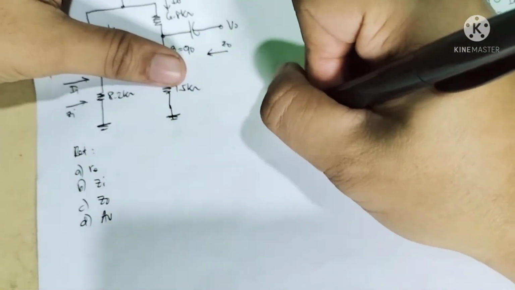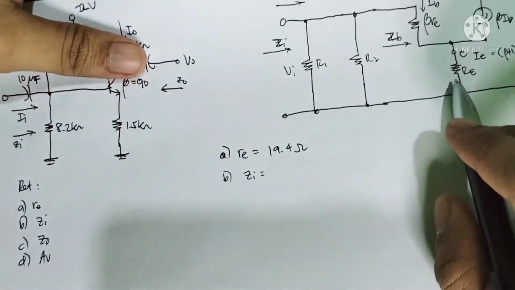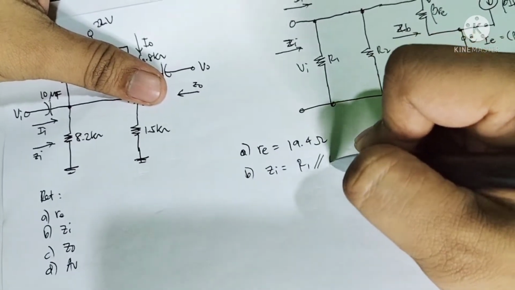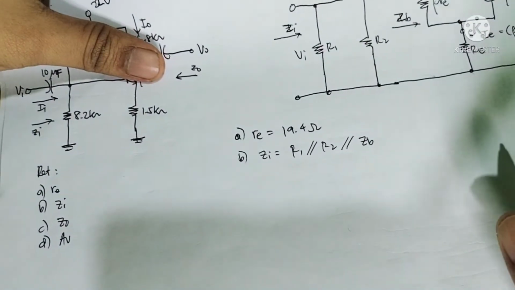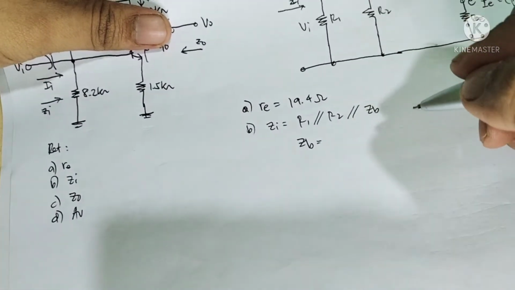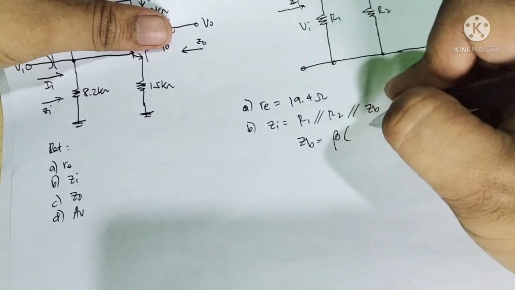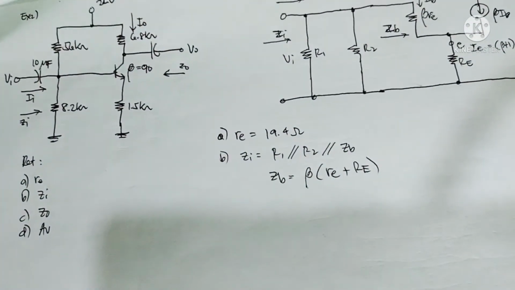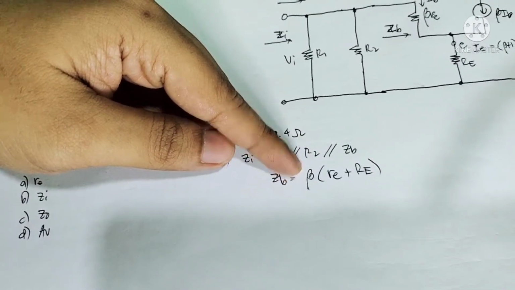So we're going to use 19.4 ohms, but the input impedance will be different because of R sub B, capital R sub B. This will be R sub 1 parallel R sub 2, and this time also parallel with ZB, where ZB is equal to beta times small r sub e plus the capital R sub E. This was discussed during our emitter bias configuration.